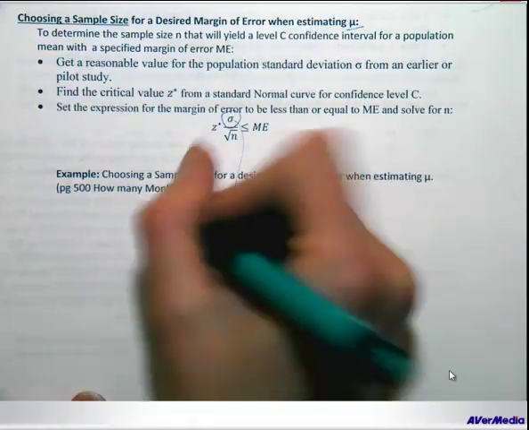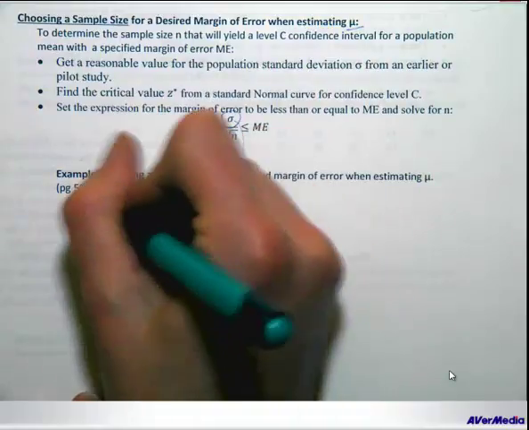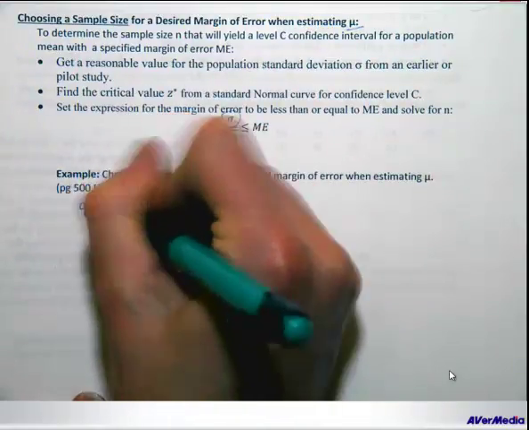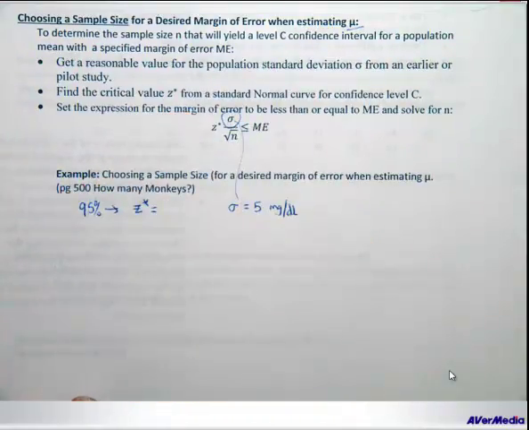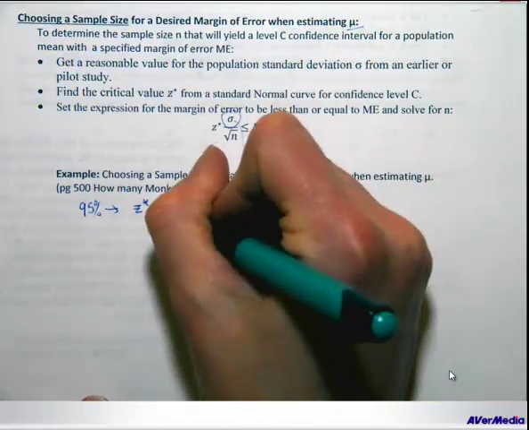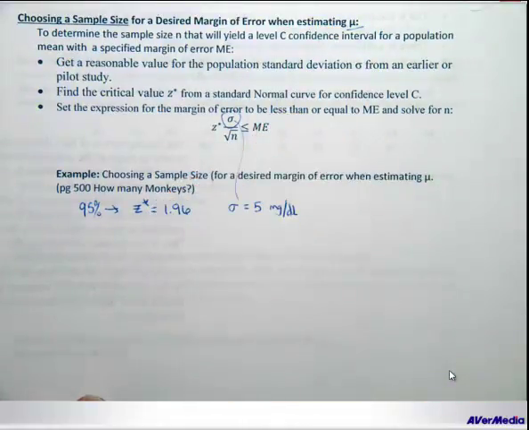They've also said that Z star is going to be based off of a 95% interval. Who remembers what our Z star value is for that 95%? 1 point, yes? Is that what you said, 1 point? It is 1.96, okay?